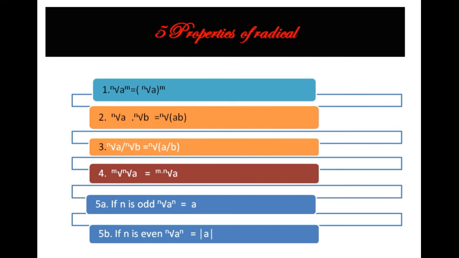So let's see examples related to both properties, if n is odd and if n is even. Let's start with the example of the first part of the fifth property.